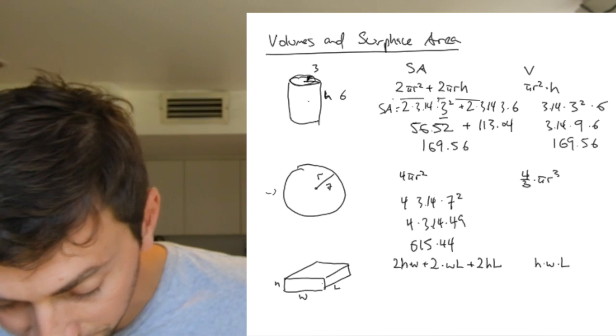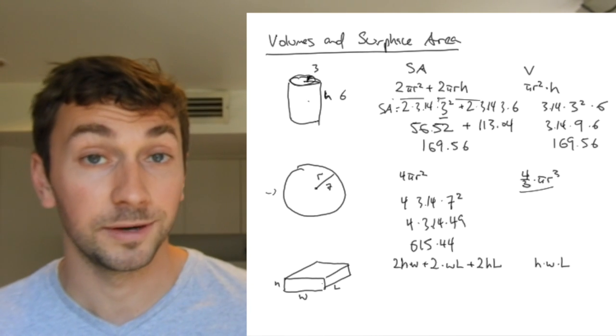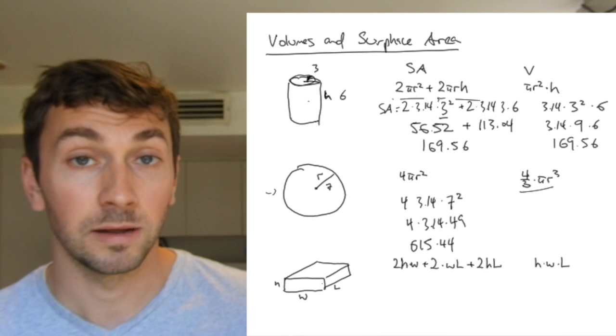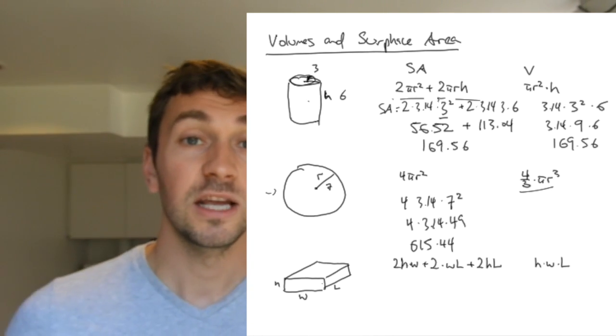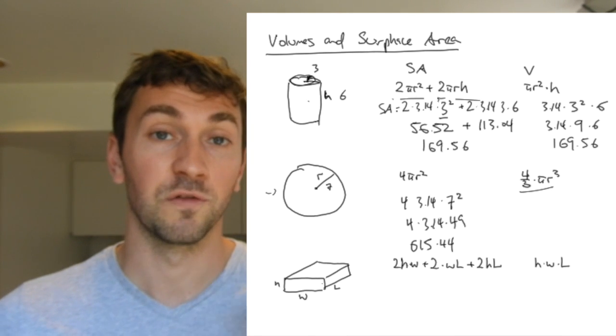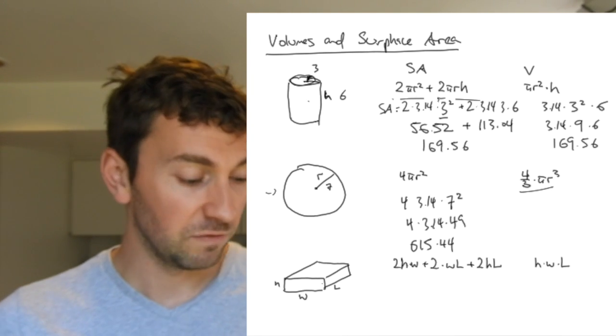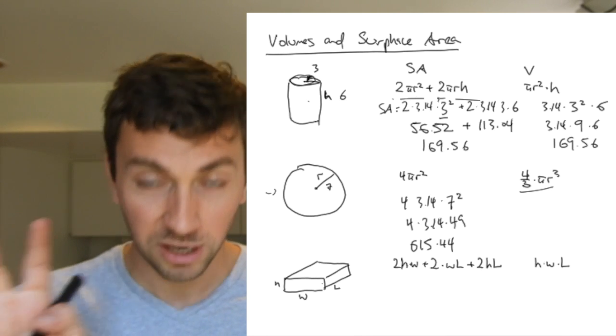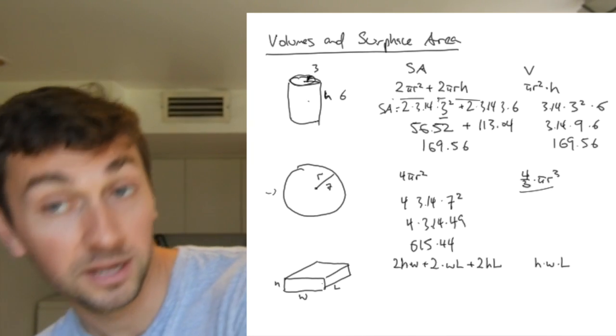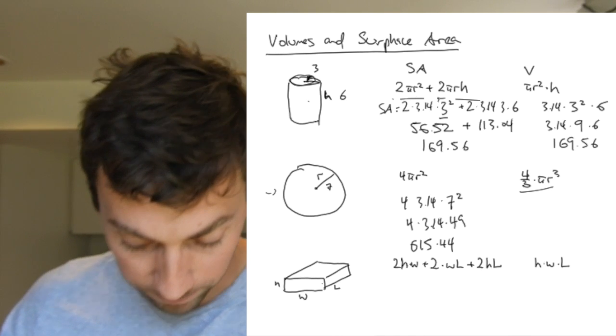Okay, and I have the volume formula. That's 4 over 3 times pi times r cubed. Now, you might be wondering about this 4 over 3. The easiest thing to do, I think, is to go 4 divided by 3. If you put that in your calculator, that's 1.33333. So you can just multiply 1.33333 times pi times r cubed.